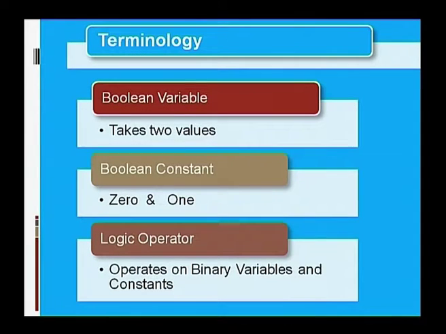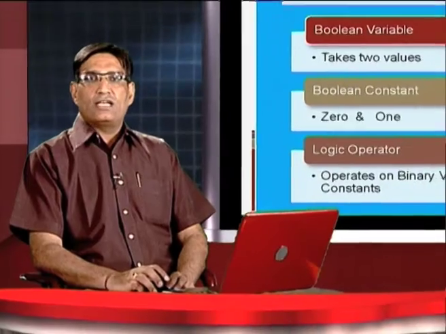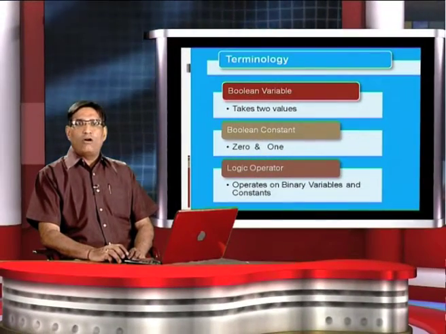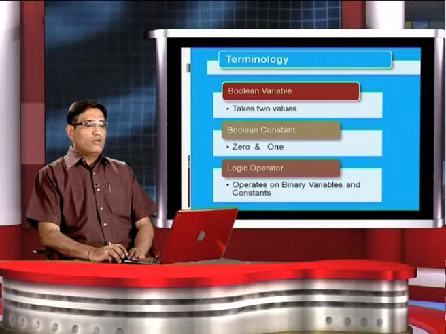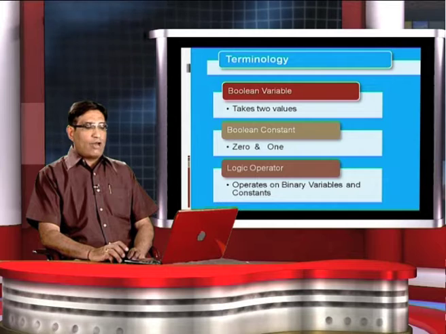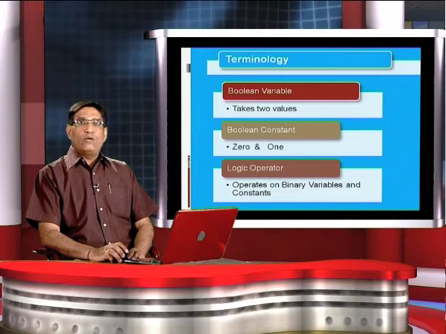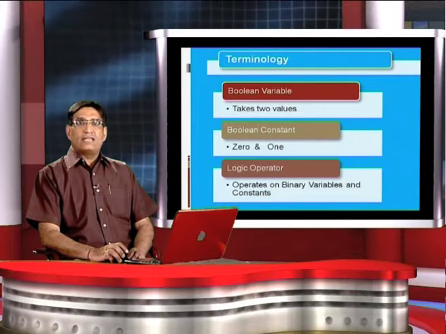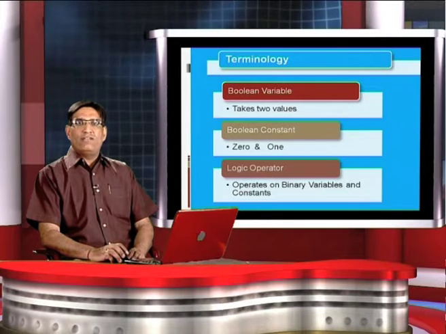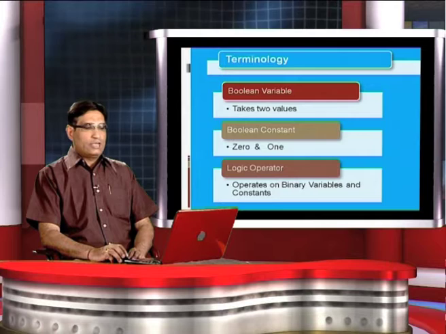For example, in the statement if it rains and I have an umbrella, the word and is nothing but a logical connective, or it is also termed a logical operator. Now, we formally define that a logical operator is nothing but an operation which is carried over binary variables and binary constants, or over a group of binary variables and binary constants.